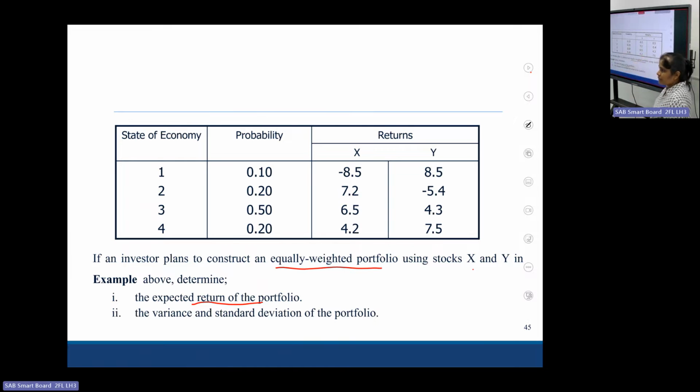What is the portfolio expected return? Earlier we calculated the expected returns of X and Y. We are going forward with the same example with the portfolio.